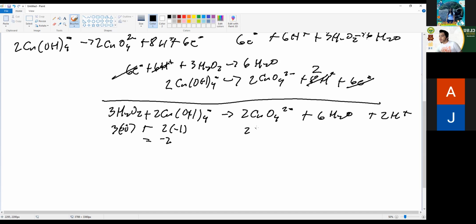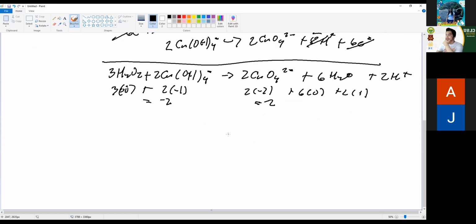So ito naman, 2 times negative 2 plus 6 times 0 plus 2 times 1. So negative 4 plus 0 is negative 4 plus 2 is negative 2. So balanced. Balanced na siya in acidic. Diba? Pero, sabi, basic. So since you have 2 hydrogen tama, we will add ngayon to both sides.